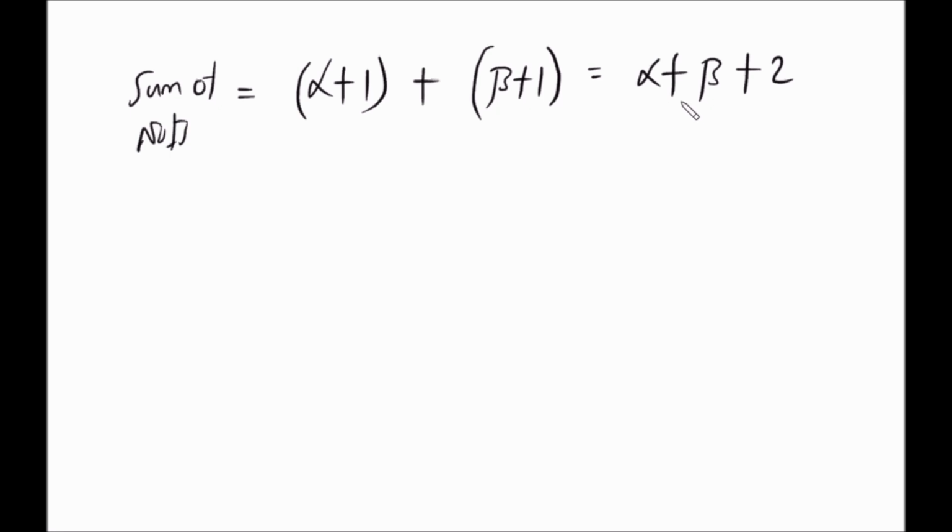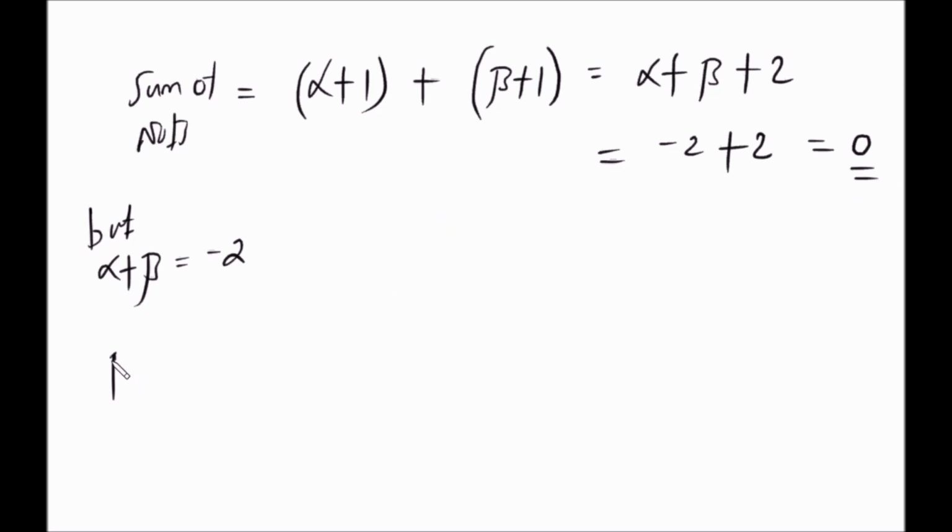So alpha plus beta, remember what we said? It is negative 2 from the question. So it will be negative 2 plus 2, which gives 0. So the sum of roots is 0. Now let's find the product of roots.